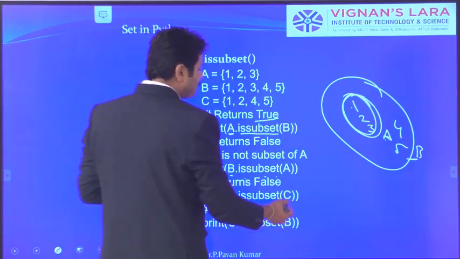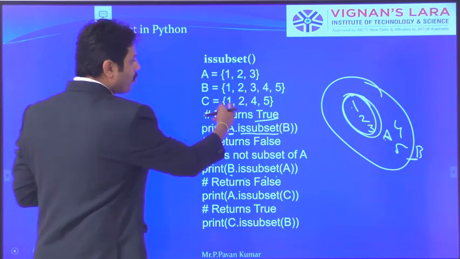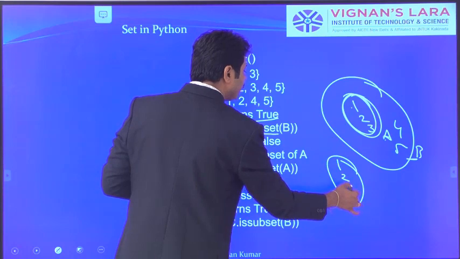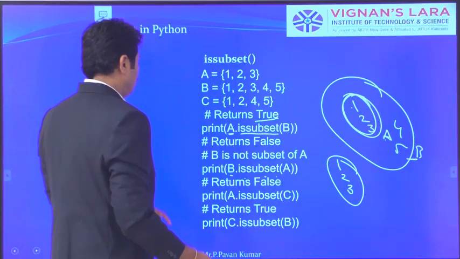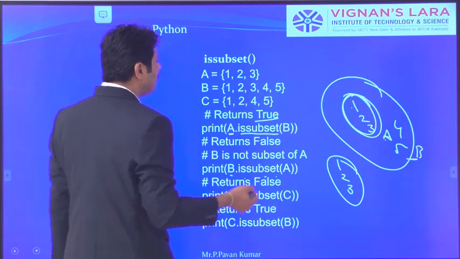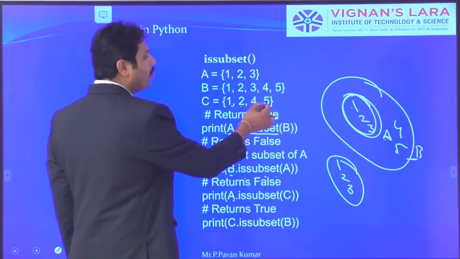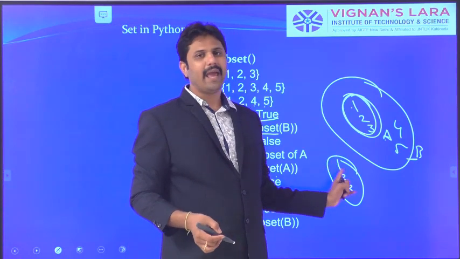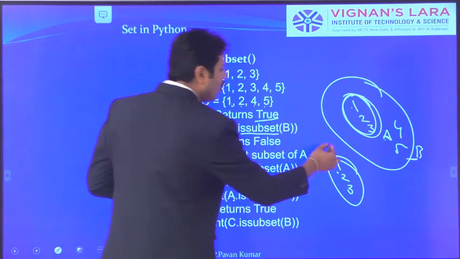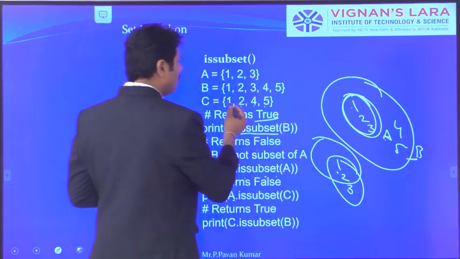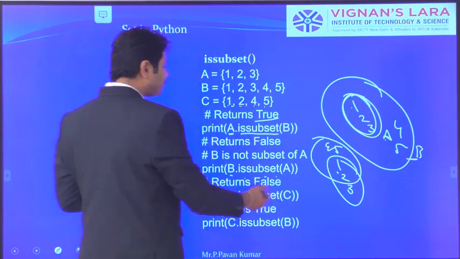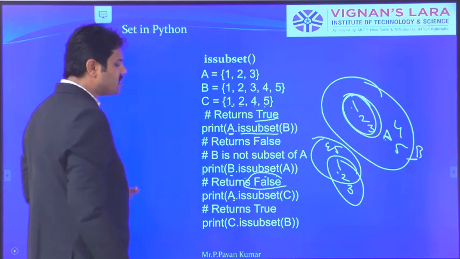A is a subset of C. If you take one more, C. What is A? 1, 2, 3. What is C? C is 1, 2, 4, 5. So the values which are in A and the values which are in C are not all common. It is not a subset. That's why it returns false.